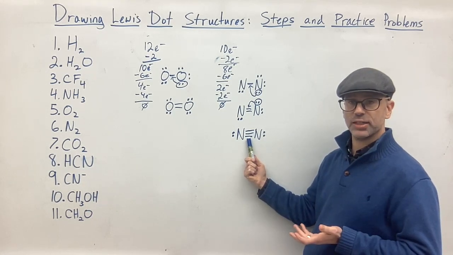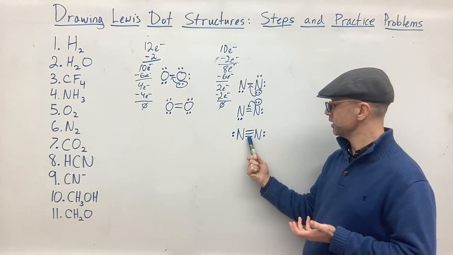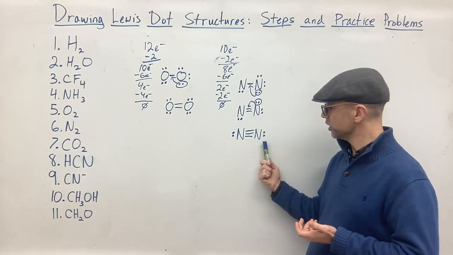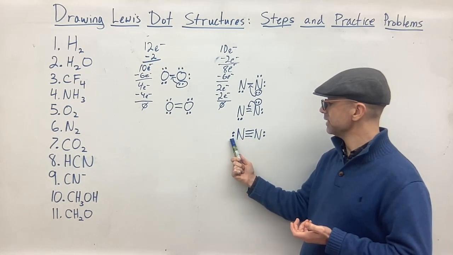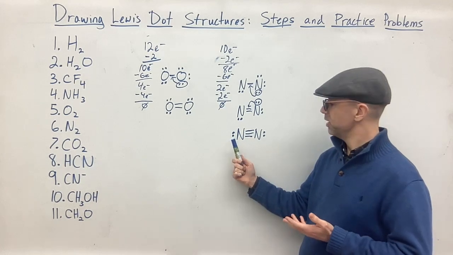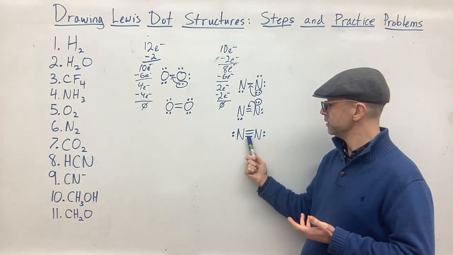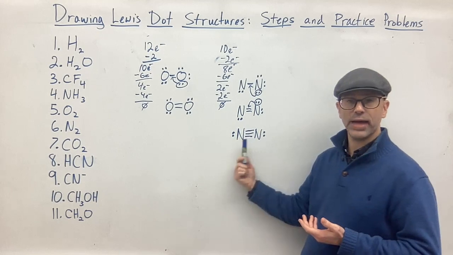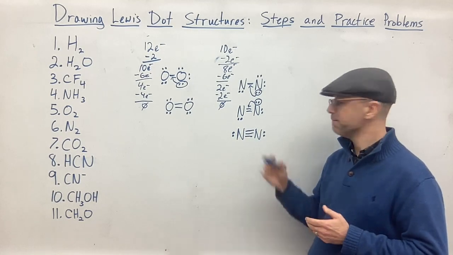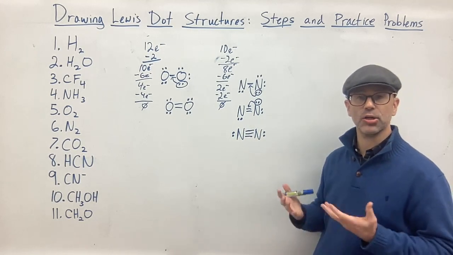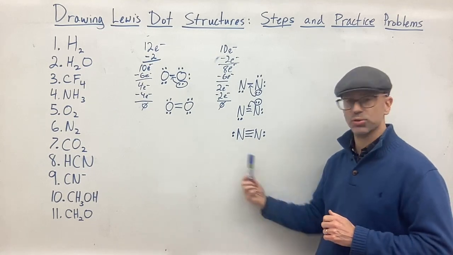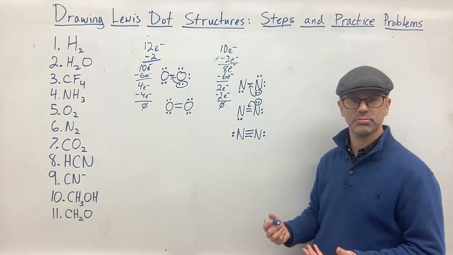Each bond is 2 electrons, so that's a total of 6 electrons. 6 plus 2 is 8. This one is good. And now this one has the same pattern: 1 lone pair, 3 bonds, that's 8. So now both atoms are happy with an octet. So this is the final Lewis dot structure for N2.